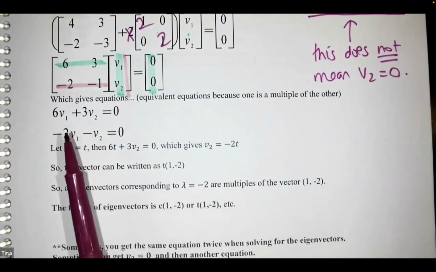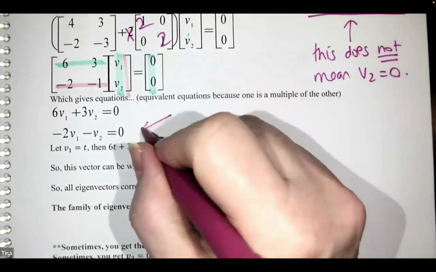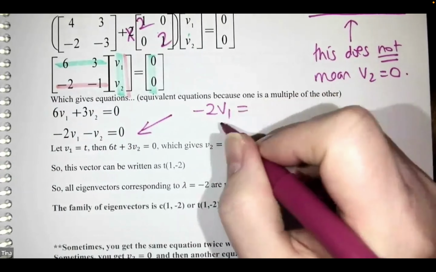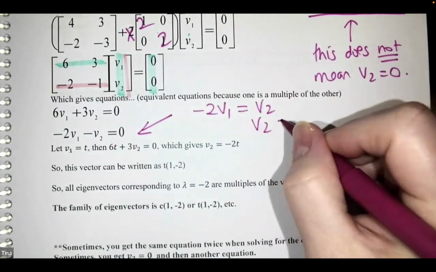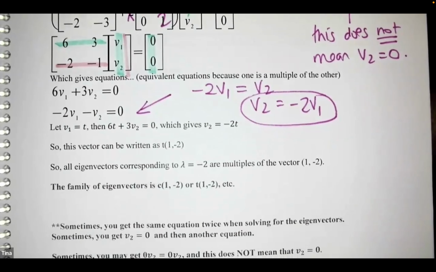If we go to solve this, we can solve either one, it doesn't matter. If we've got negative 2v1 minus v2, bring the v2 across, and that's really v2 is negative 2v1.